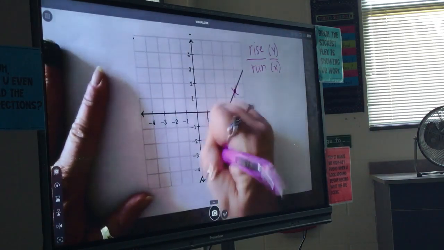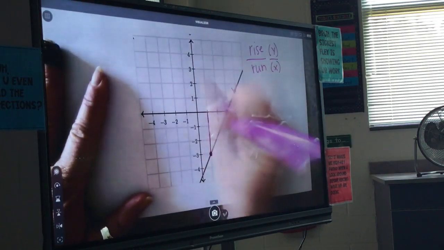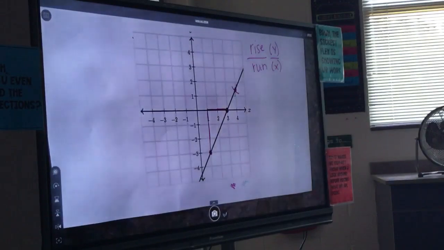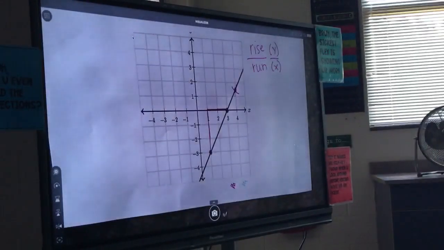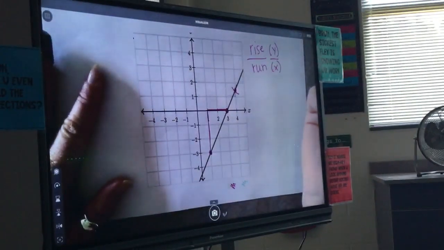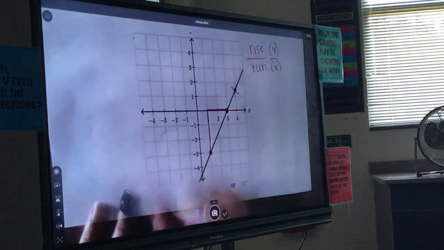Now, how do I know that this is going to be a positive slope? How do I know this is a positive slope? Jeffrey? Because it starts at the left and ends at the top right. Right, so it starts in the bottom left.